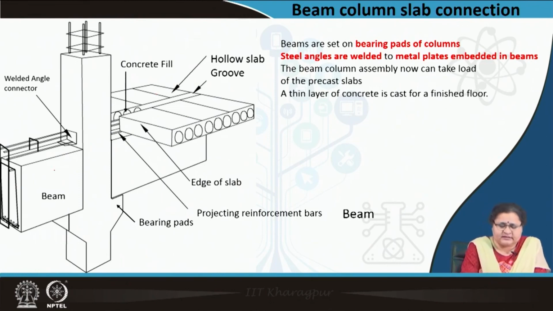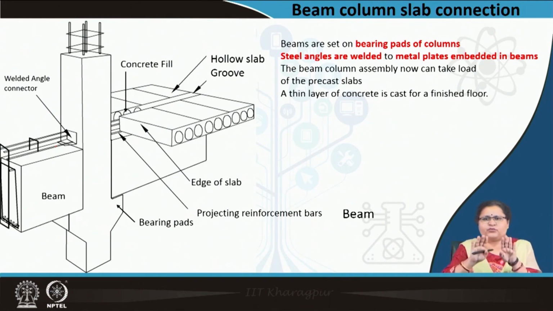Here you see the beam has been welded to the column. What did we see when we were looking into the wall panel system? They were set one after the other with dowels, one inserted within the other in the vertical direction. In the horizontal direction there were gaps where sealants were pushed in.